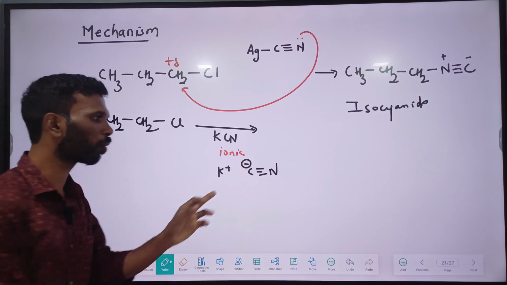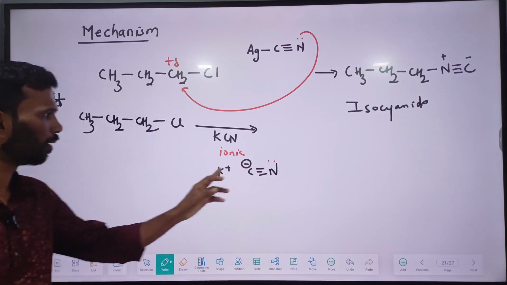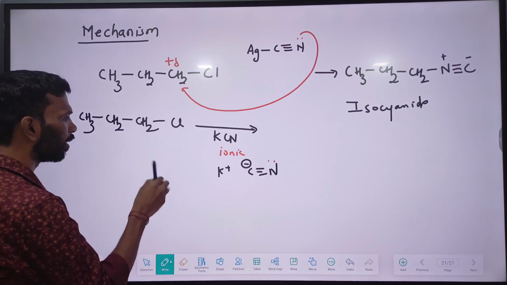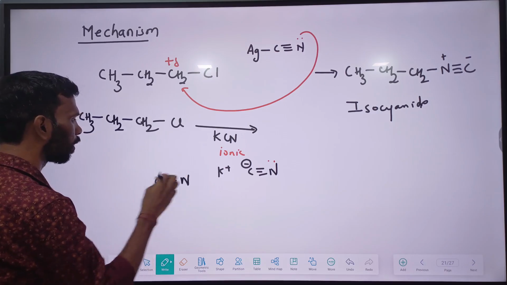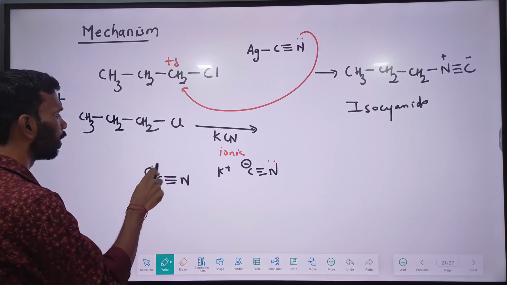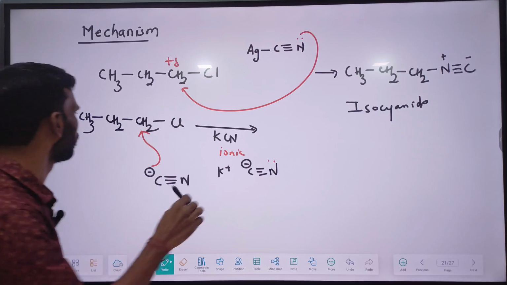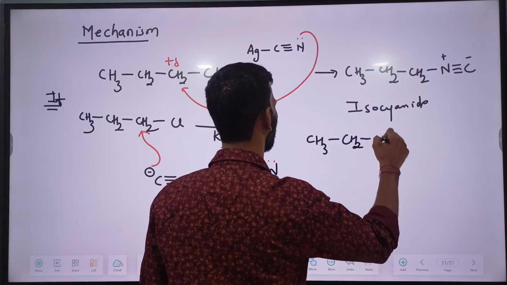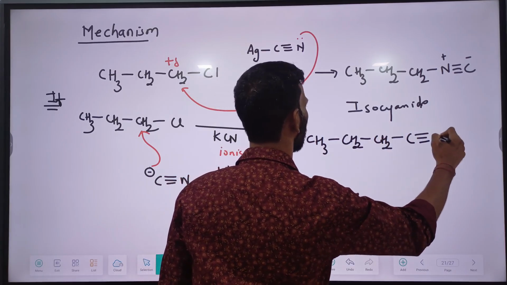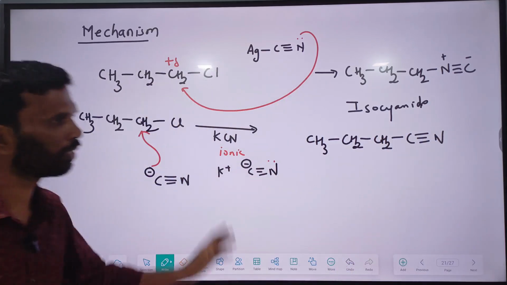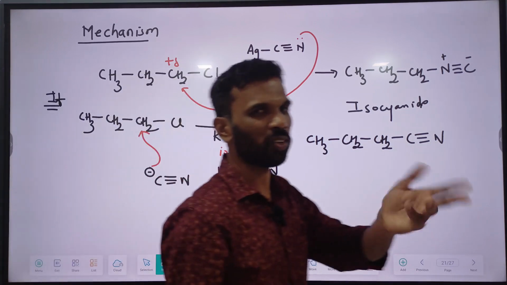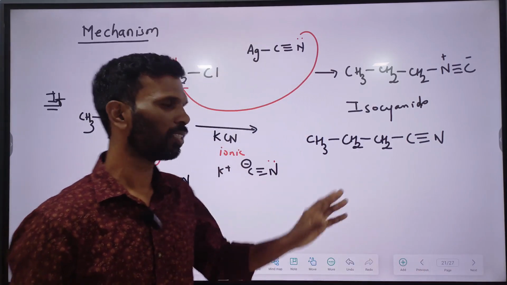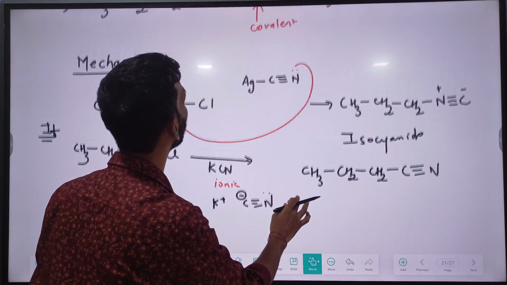Now this is more electron rich compared to the lone pair. In this case, that CN carbon will get connected over here, and the compound you get is cyanide. So understand, KCN or AgCN: if AgCN is given, then NC, and if KCN is given, then cyanide. You can understand it this way.